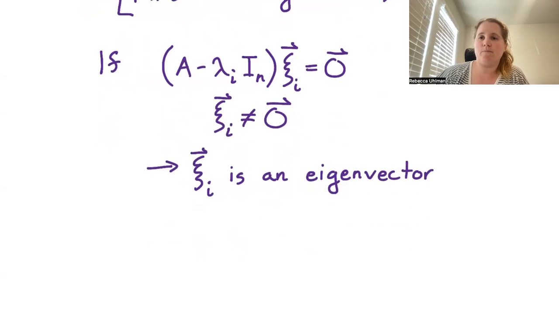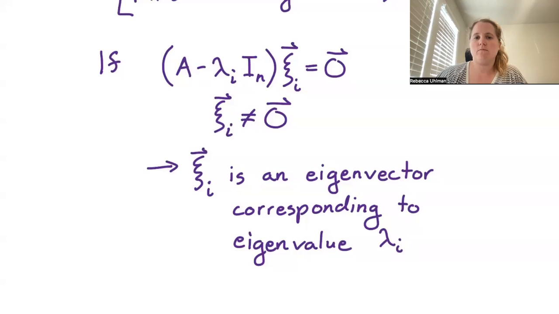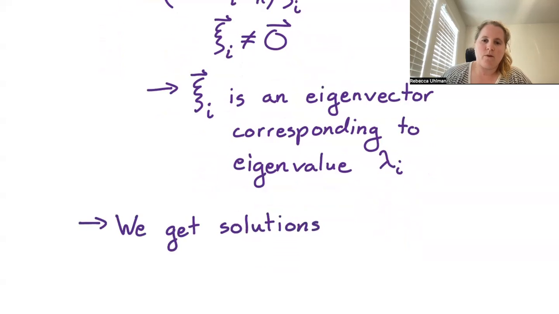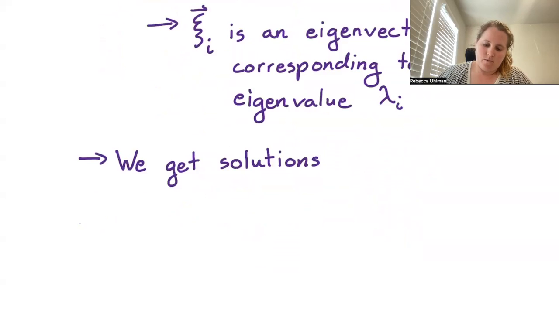So we get solutions y_i equals psi i times e to the lambda i t.